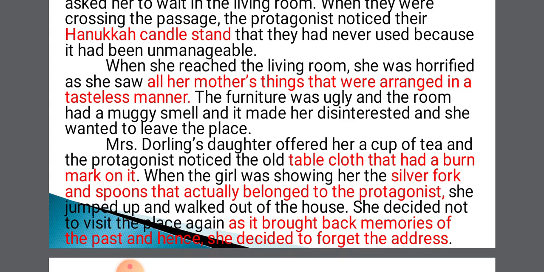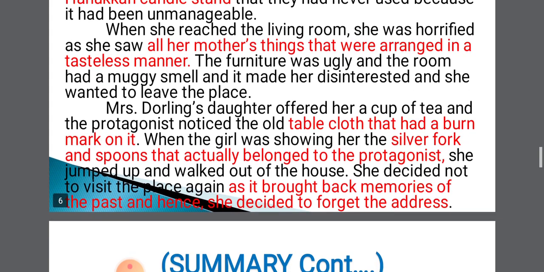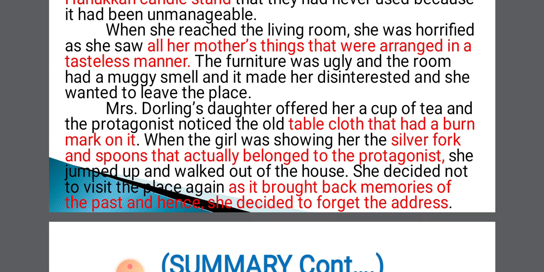Now Mrs. Darling's daughter offered her a cup of tea, and the protagonist noticed the old tablecloth that had a burn mark on it. That burn mark was still there. In this way, everything, the silver fork and the spoon that belonged to the narrator, the protagonist, she also noticed. And finally, she decided not to visit the place again as it brought back memories of the past, and hence she decided to forget the address.